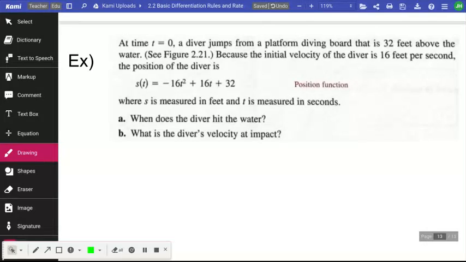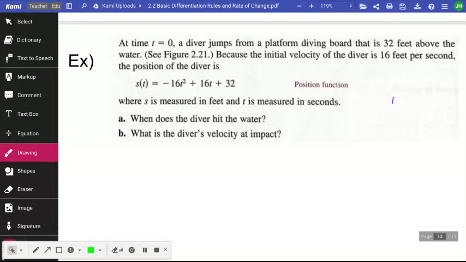This is a lot like what you would see on your AP test, the free response questions. At time 0, so no time has passed, a diver jumps from a platform diving board that is 32 feet above the water. It says see figure. I didn't put the figure on it. It's not a super complicated figure.